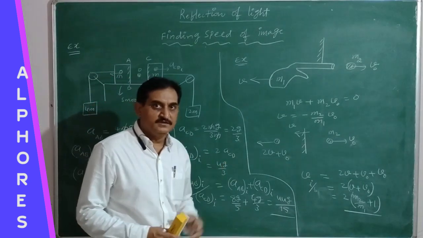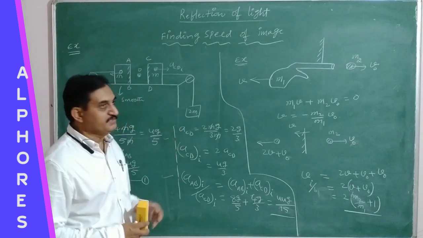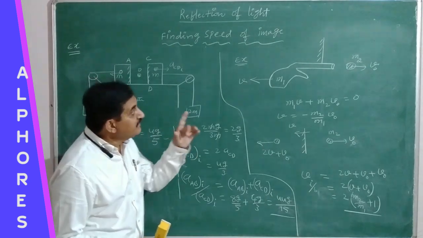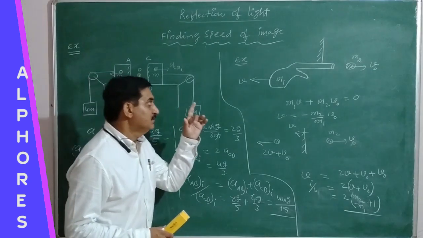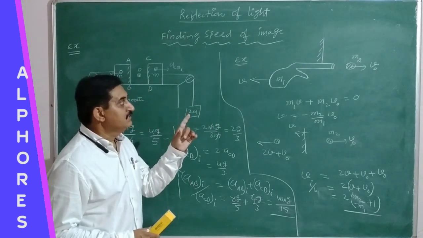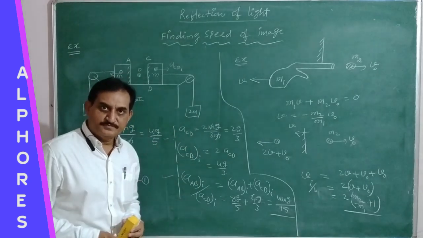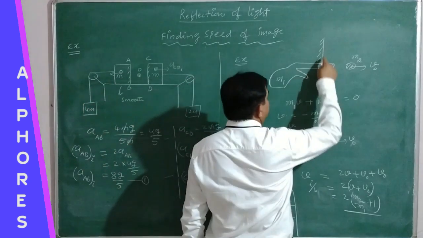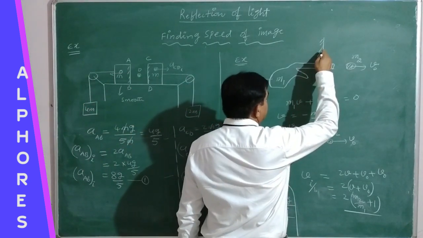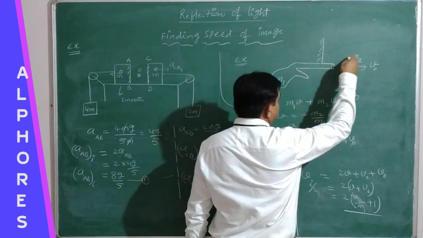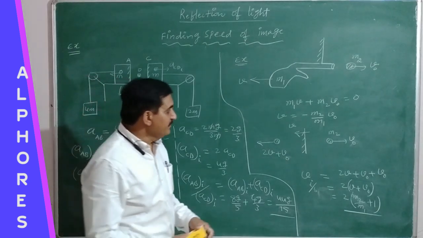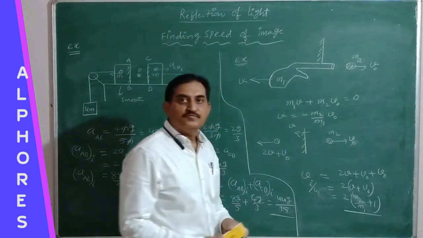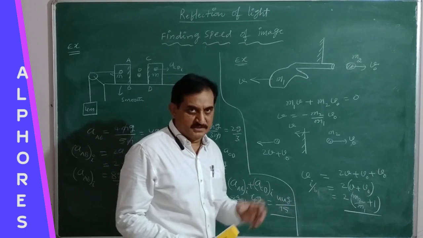Let m2 be the mass of the bullet, m1 be the mass of the gun, and a plane mirror is fitted on the barrel of the gun, and its reflecting surface is towards the bullet. Okay. The question is, what will be the speed of the image formed by the plane mirror?